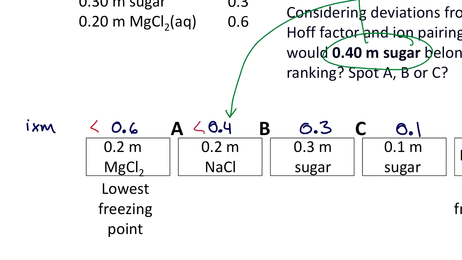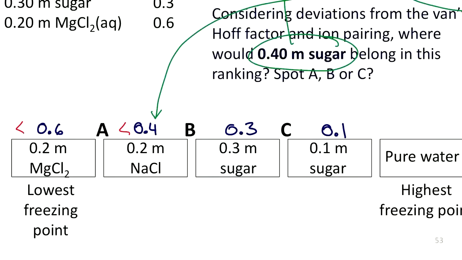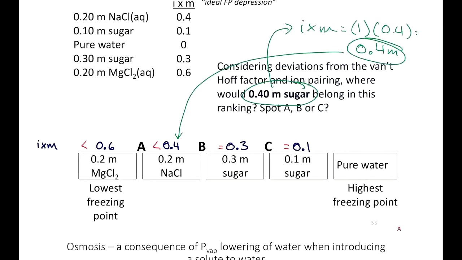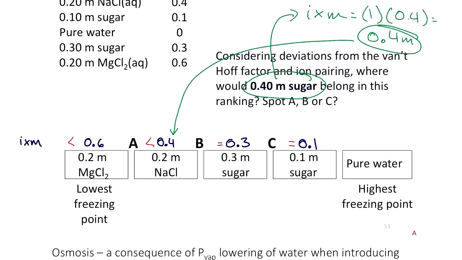Perfect. Okay. What about sugar? Is it going to be exactly 0.3? Yes, it will be exactly 0.3. I was trying to trick you, but you were good. Why is it exactly 0.3? It can't ion pair, so there are no deviations there. And then the 0.1 sugar will also be exactly 0.1. And so now we can answer the question: in what spot, A, B, or C, will that 0.4 sugar go?